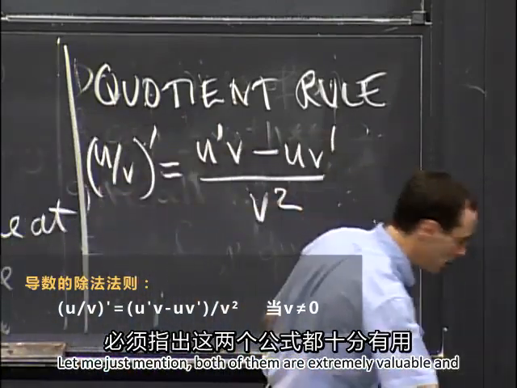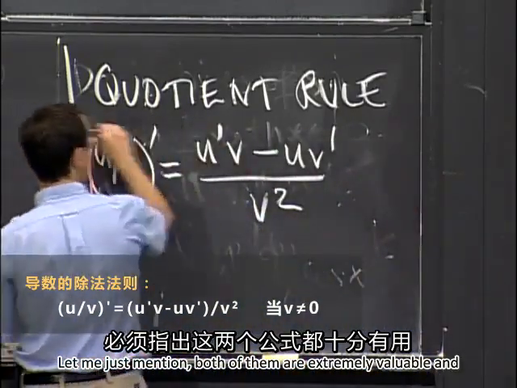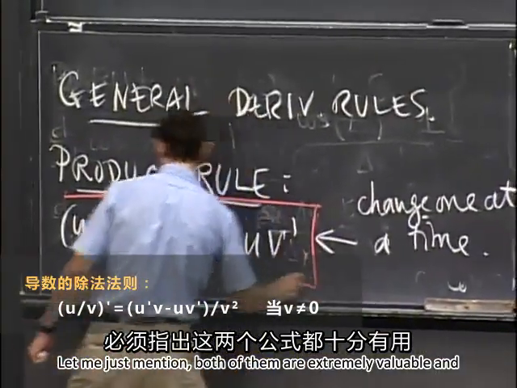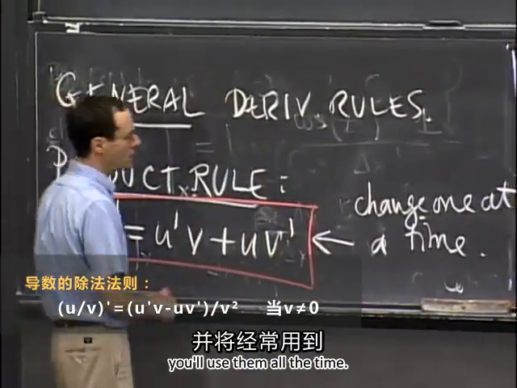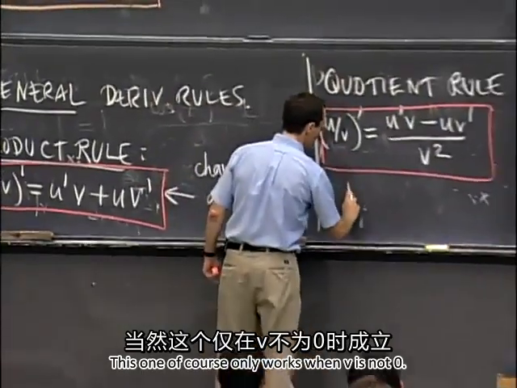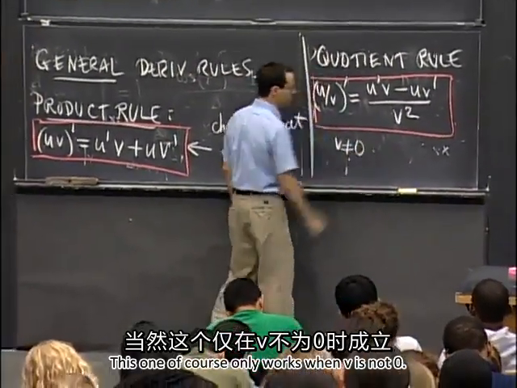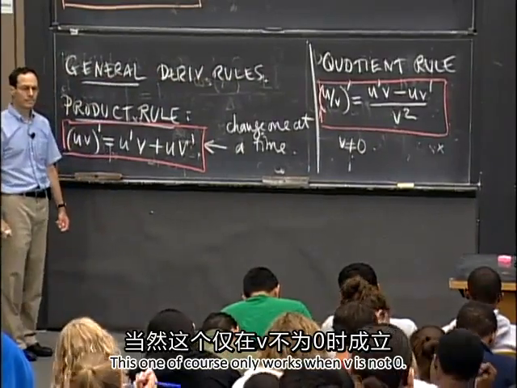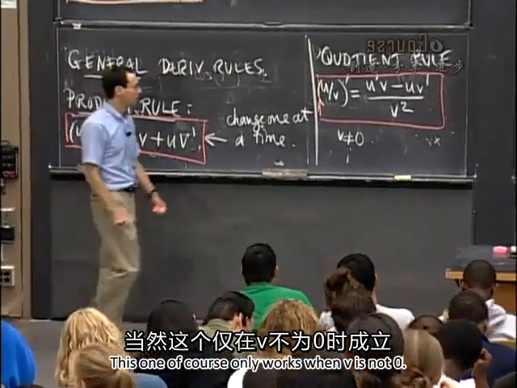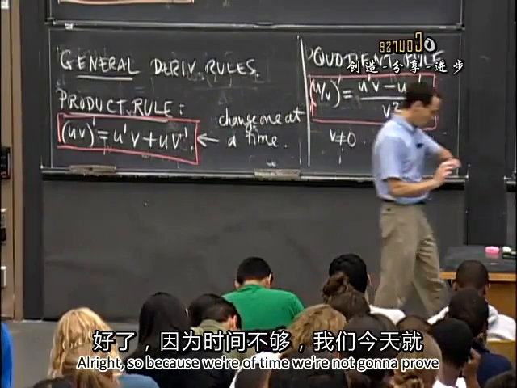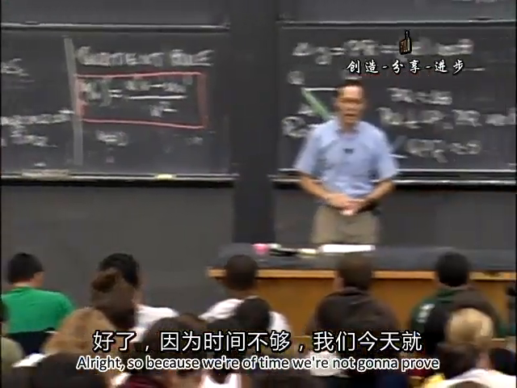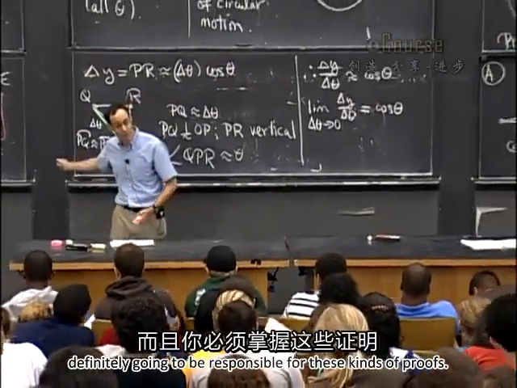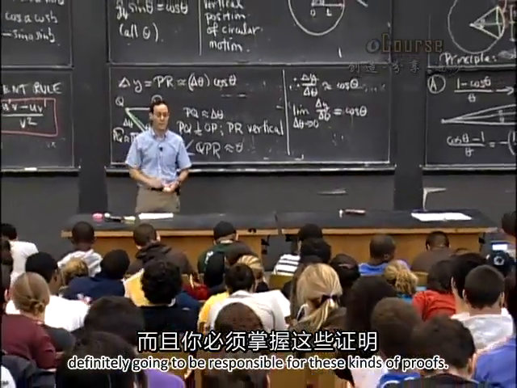Let me just mention, both of them are extremely valuable, and you'll use them all the time. This one, of course, only works when v is not 0. All right, so because we're out of time, we're not going to prove these today, but we will prove these next time, and you're definitely going to be responsible for these kinds of proofs.